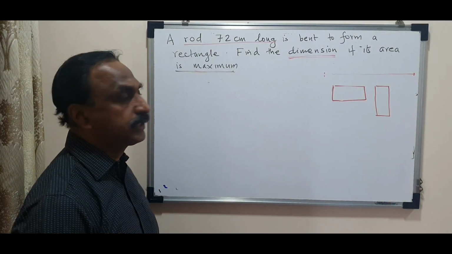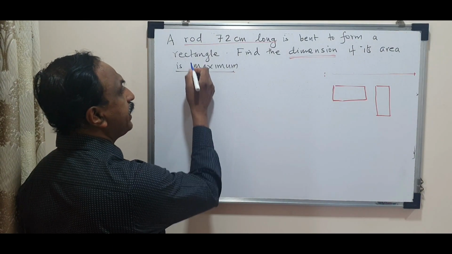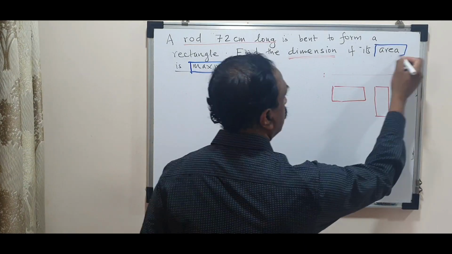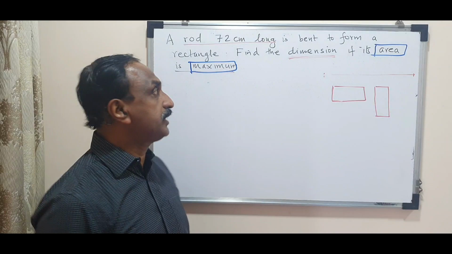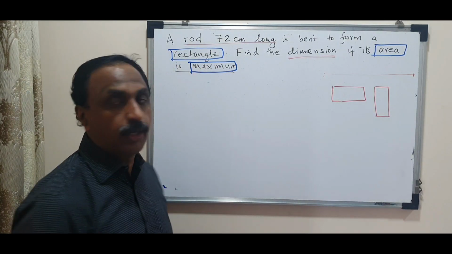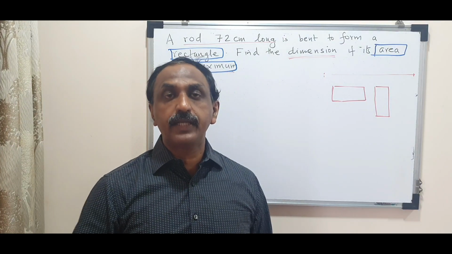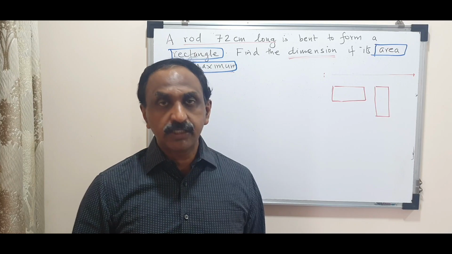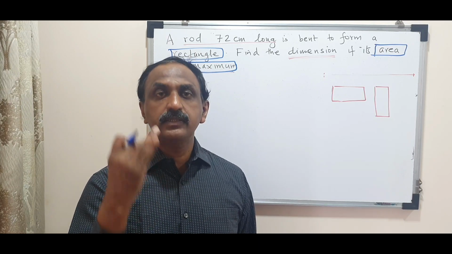So my thinking starts from here. Maximize what? Area. The quantity to be maximized is area. Area of what? Area of a rectangle. Remember the formula for the area of a rectangle: area of a rectangle is length into breadth. So your variables are length, breadth, area.